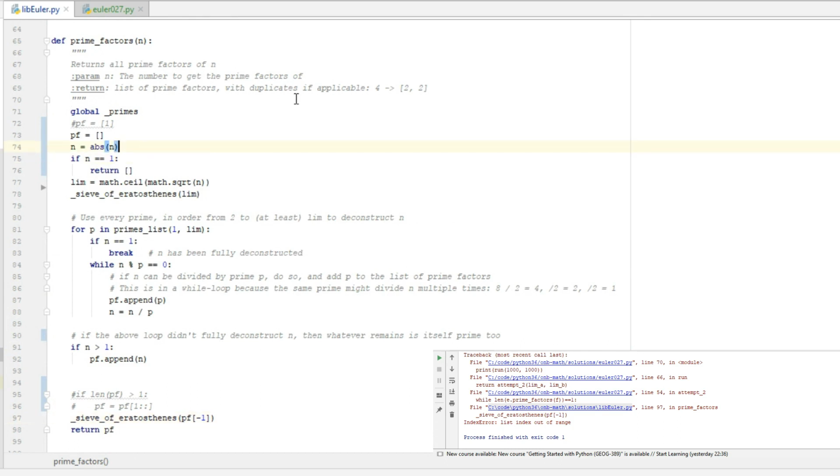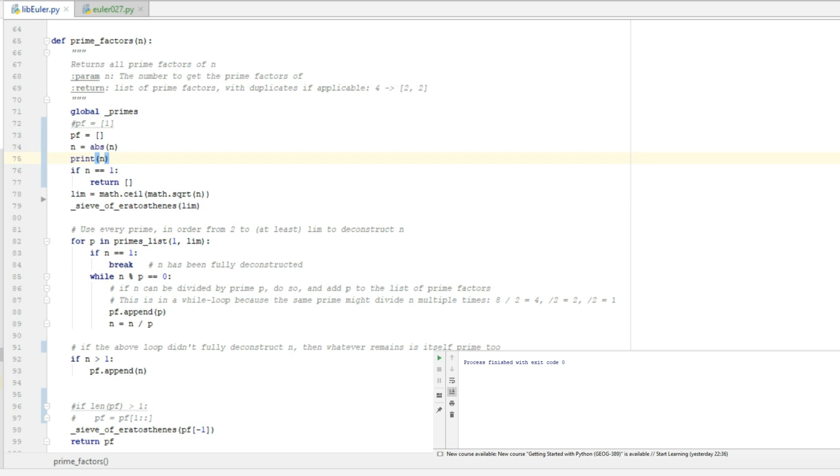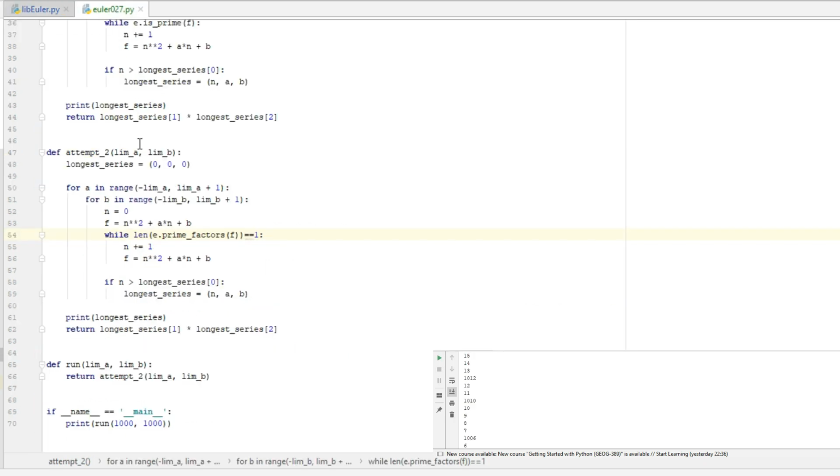Oh, I'm setting it to an absolute value here. No, this doesn't have any code to execute. This does. And it is crashing on a 0.